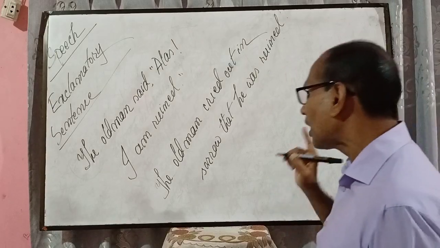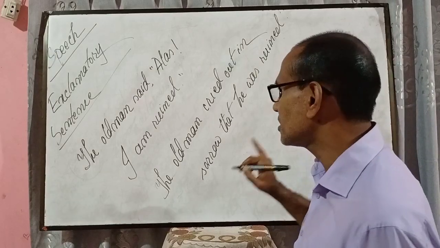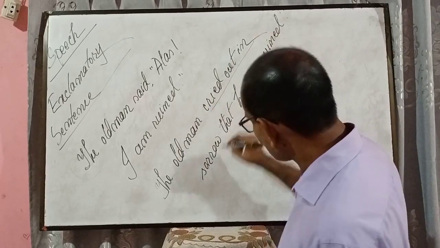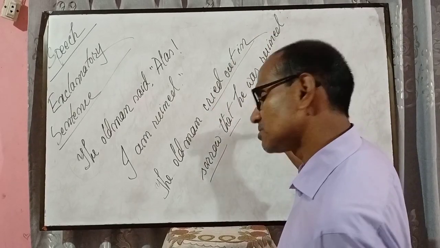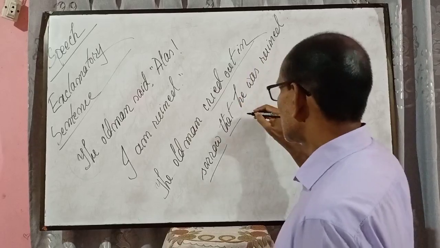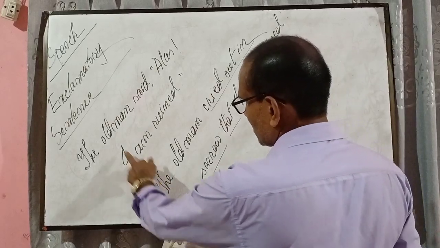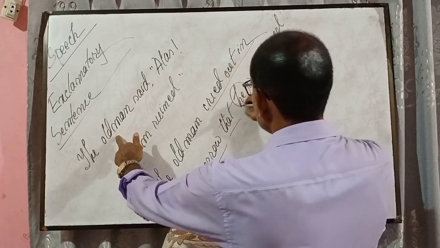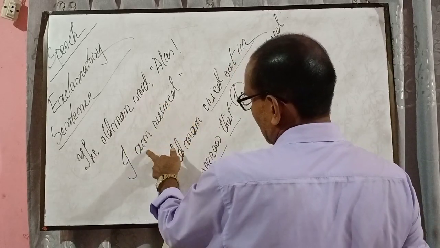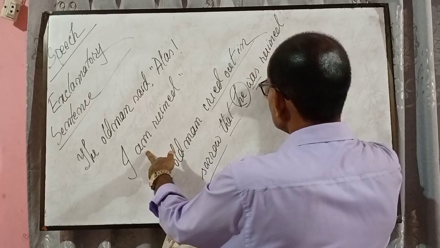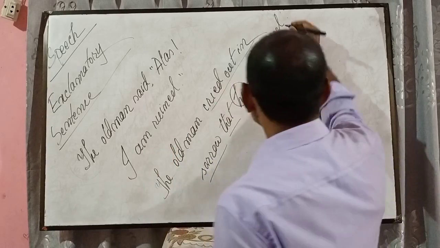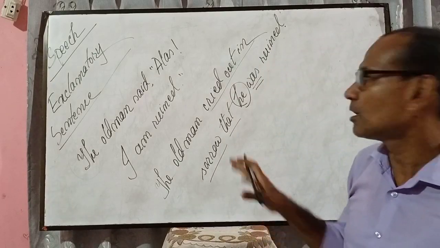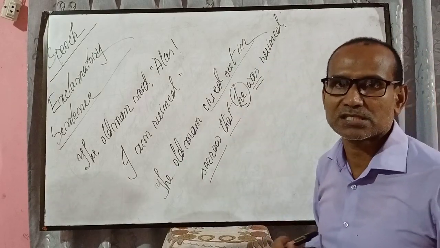See how many changes there are in the indirect speech. The say verb I have changed into cried out in sorrow. The old man is intact here. Old man is he. And I am ruined means he was ruined. The sentence is assertive. It is no longer an exclamatory sentence.